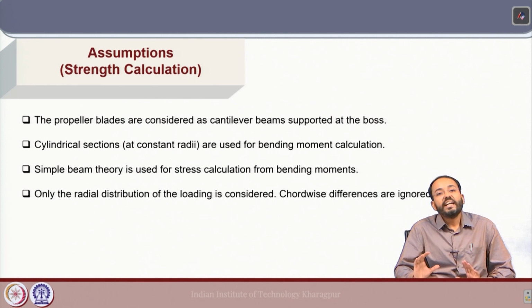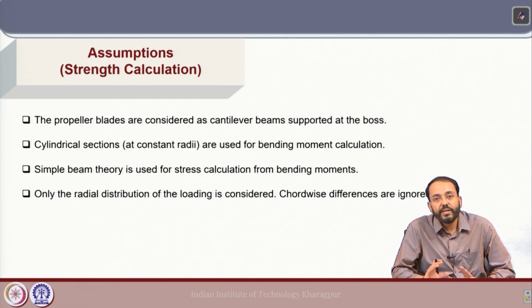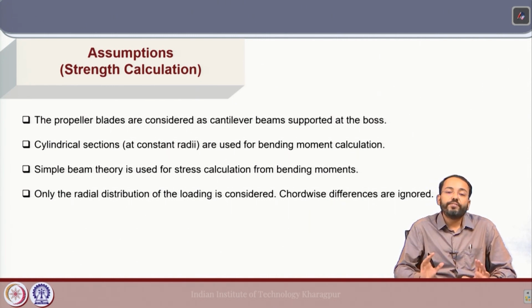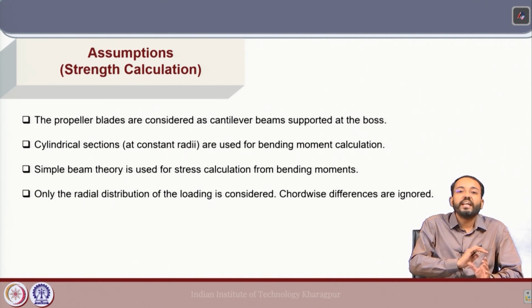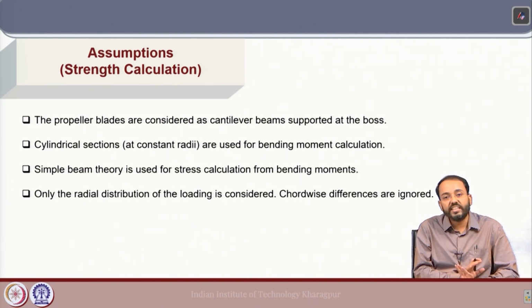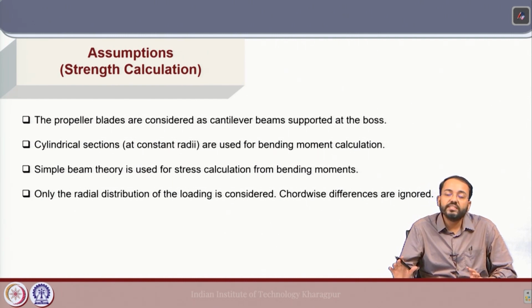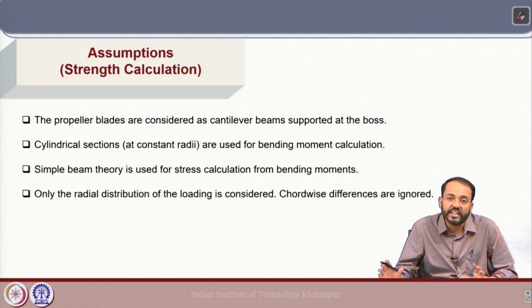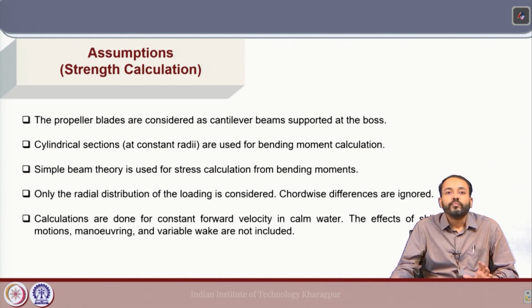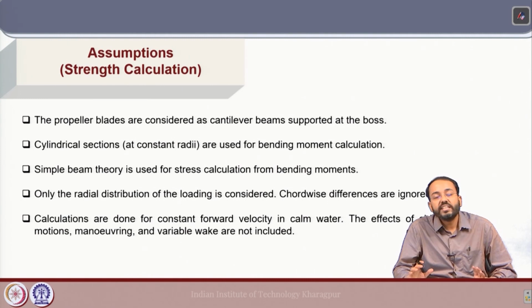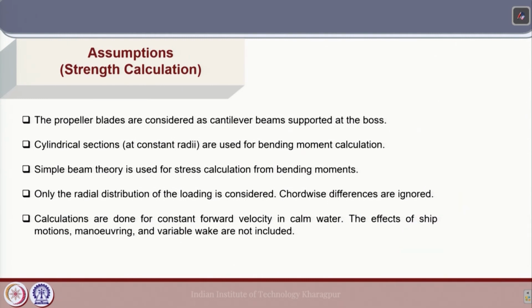Only the radial distribution of loading will be considered. Chord-wise differences in circulation and thrust and torque will not be considered for the propeller blade forces and moments. So, the thrust and torque will be considered only as a function of the radial location. And finally, the calculations are done for forward velocity in calm water, as we have just discussed.